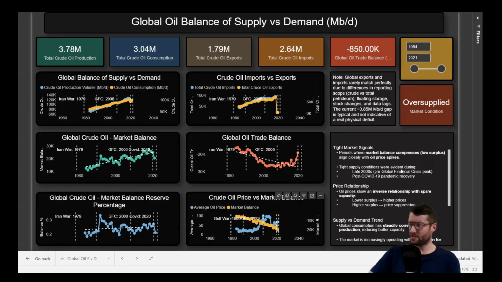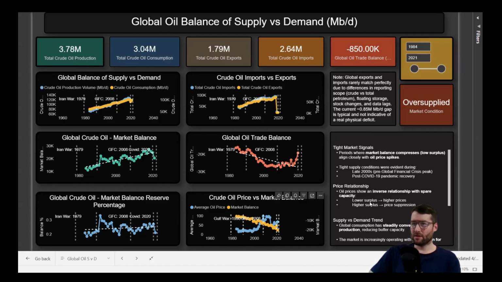These supply conditions were evident during the late 2000s, pre-GFC, and the post-COVID-19 pandemic recovery. Oil prices show an inverse relationship with spare capacity. Lower surplus means higher prices. Higher surplus equals price suppression. So basically, it's just supply and demand.